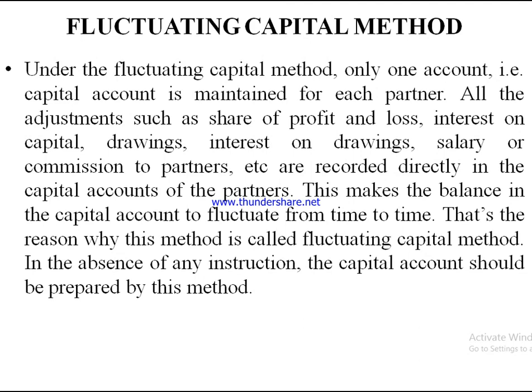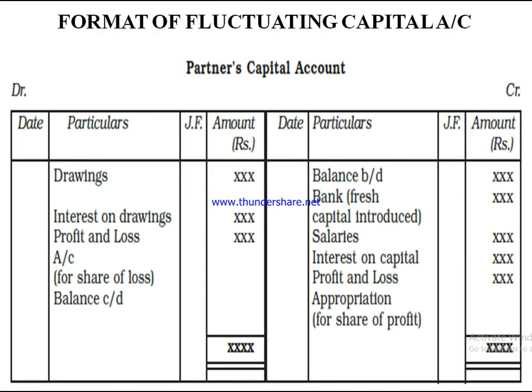Again, I said what is beneficial for the partner will be shown on the credit side, and the expenses or losses will be shown on the debit side. So this is the format of fluctuating capital account.